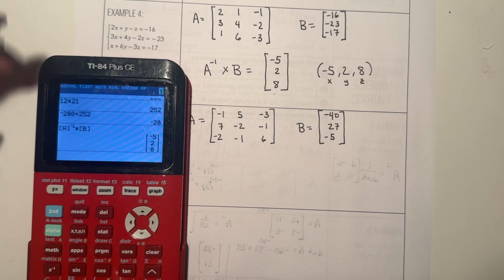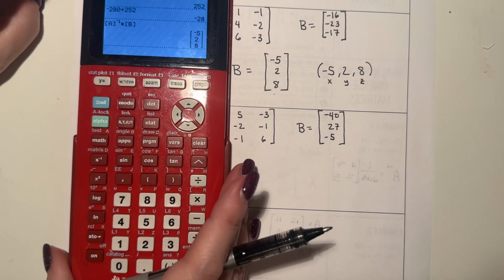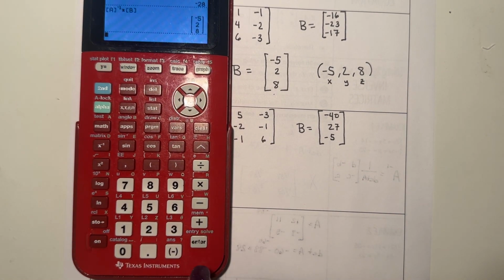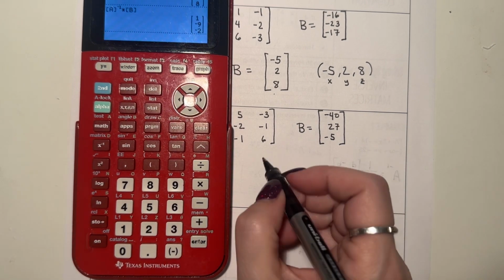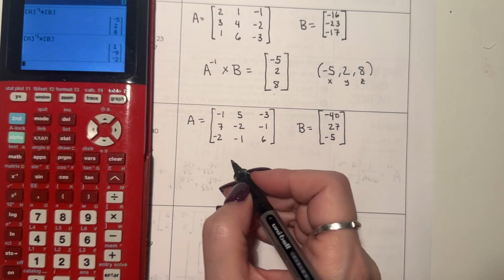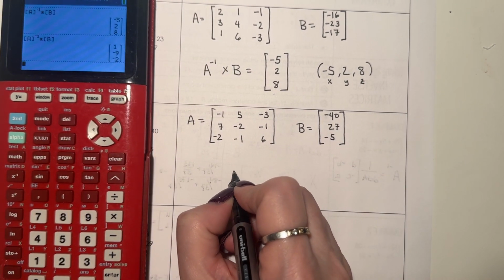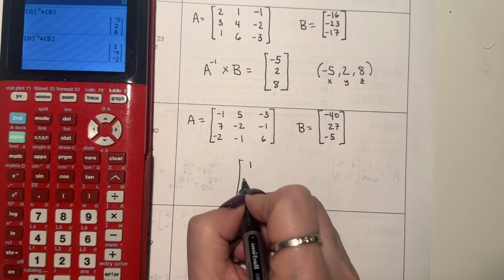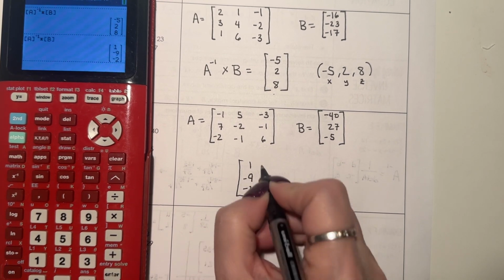Now, I've already got the command that I would like. If you've never done this before, right up here it says entry. So if you push second and entry, it's going to pull that command line from up above. And lo and behold, there's my answer. So my answer to my problem is 1, -9, -2.